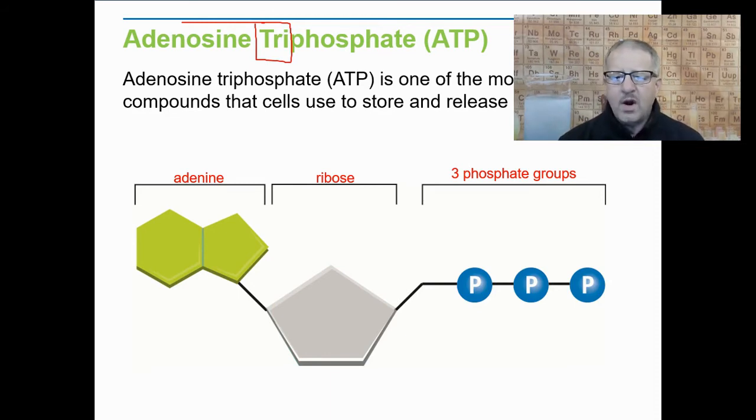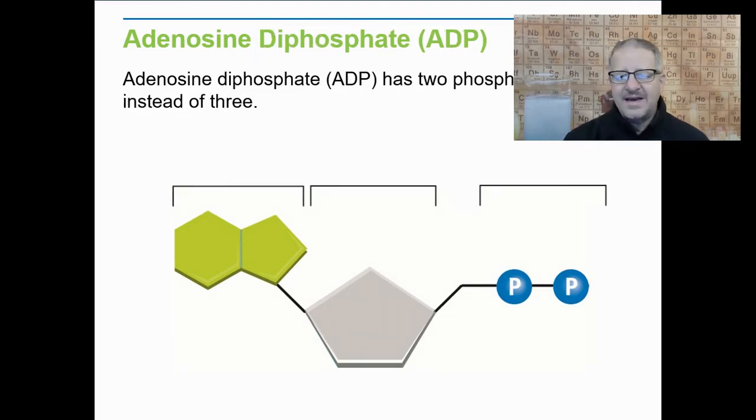Now, what if we wanted to change ATP into adenosine diphosphate with the prefix di instead of tri? If you know what the prefix di stands for, you might know the answer to this. So could we change this ATP into an ADP? And how might we do that? Well, we can definitely do that.